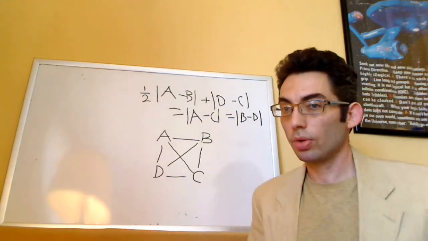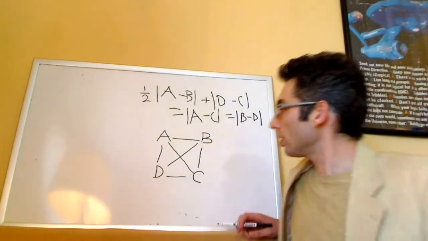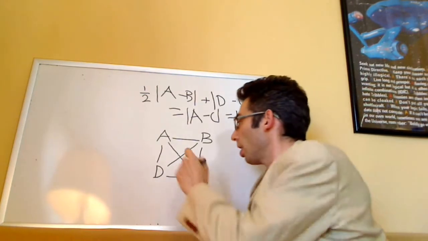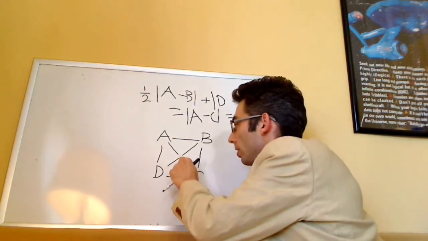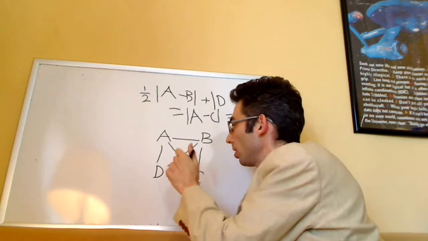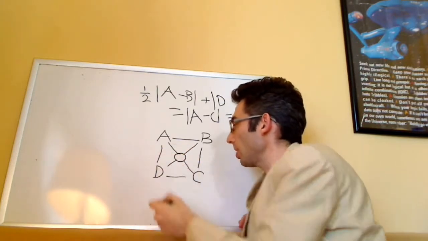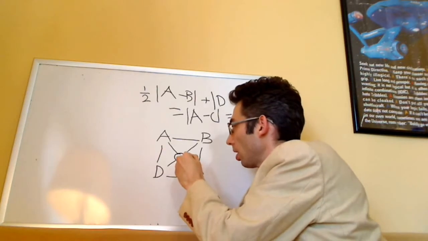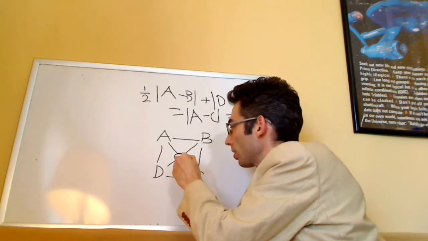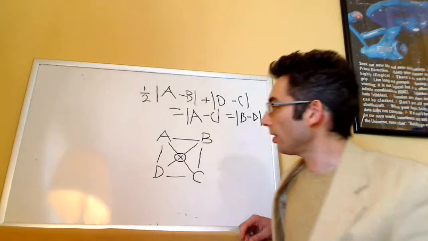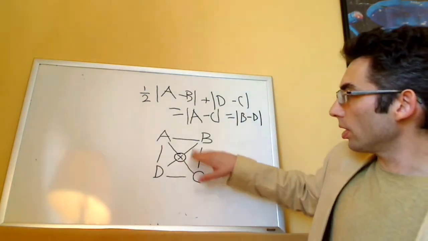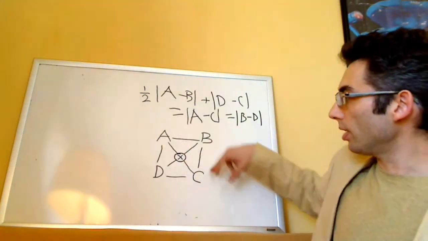So that's pretty cool. And since these diagonals are the same, we'll just make a little circle here, and it's going to be some number. Let's call it X. Why not? And so this number will be the same for AC or DB.